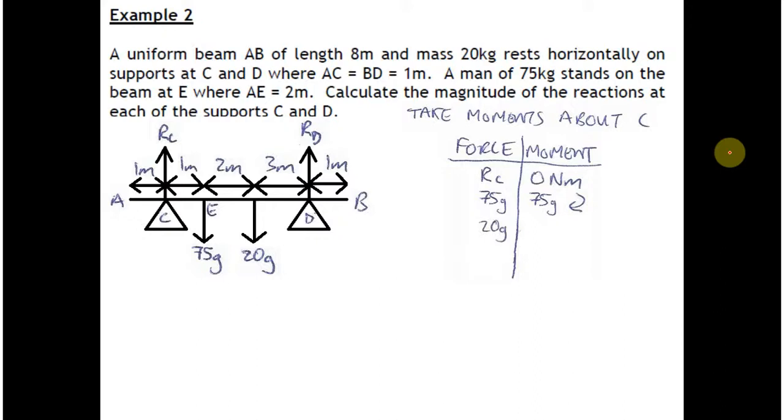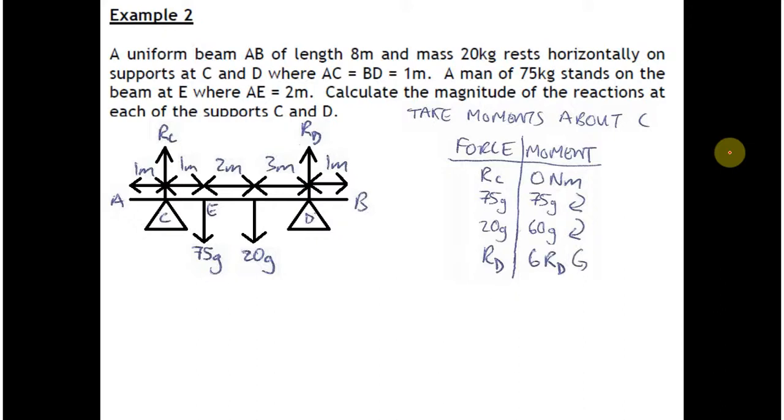We look at force 20g, that's 3 meters away from the point C, 1 plus 2 is 3, so 3 times 20g is 60g, and if we spin it round C, it would spin in a clockwise direction. And then the final force is RD. RD is 1 plus 2 plus 3 is 6 meters away, so 6 times RD will be the moment. If we spin it round the point C, it would have an anti-clockwise moment.